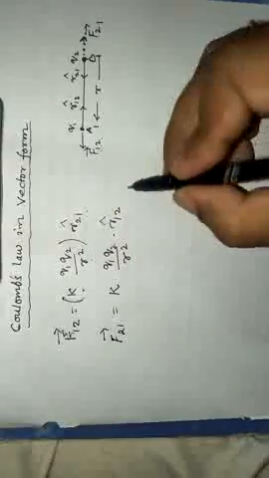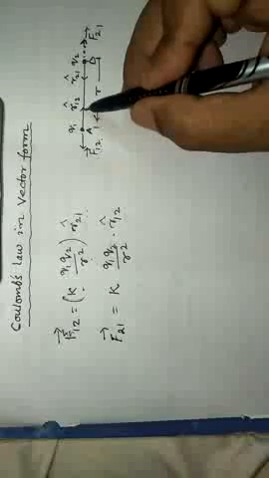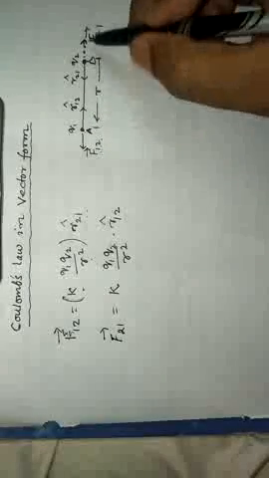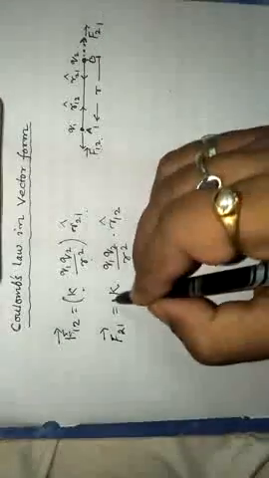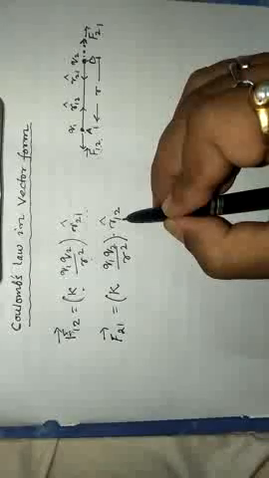Now this R12 cap is directed from A to B. That is the direction of force F21. So this part is the magnitude and this gives you the direction.